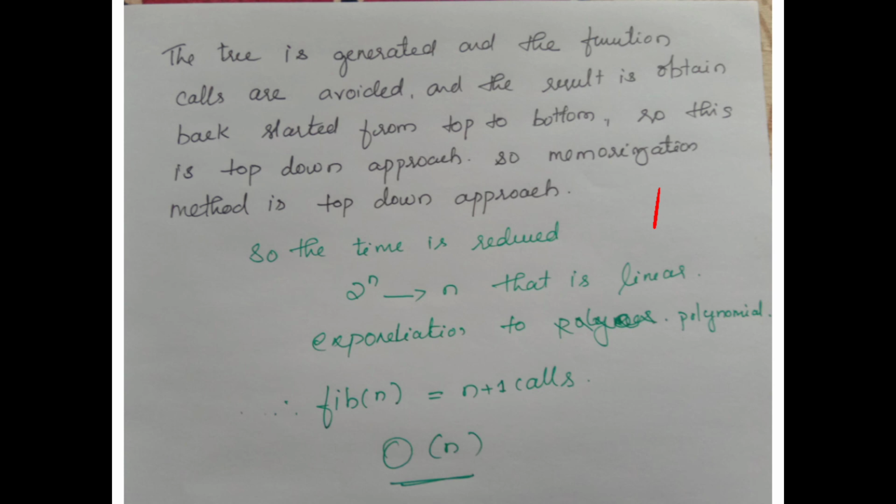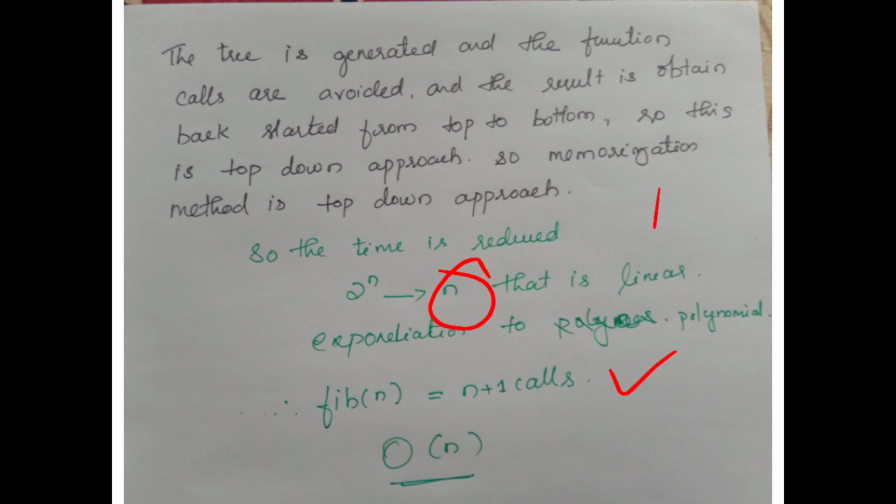That means 2 raised to n. Before, we calculated the problem in O of 2 raised to n. So that exponential 2 raised to n is reduced to the nth term. So that is linear, that means exponential to polynomial. Then fifth of n: how can we calculate the nth term of the Fibonacci series? Fifth of n needs n plus 1 calls.